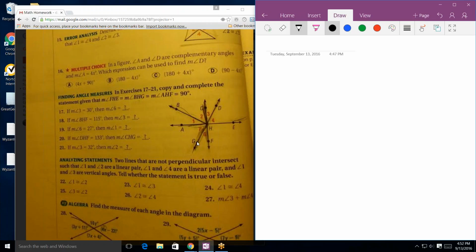Then angle 6 would have to be 25 degrees, and we're assuming that line GD is straight. So the measure of angle 3 would have to be 25 degrees. Correct. Okay. How about 19?